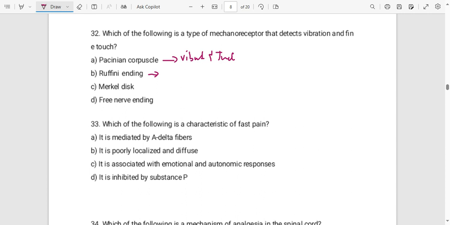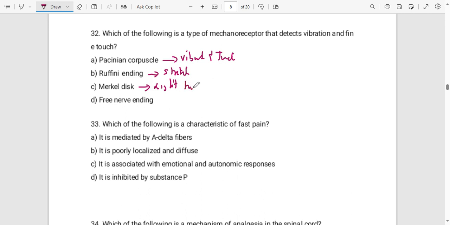Light touch. Which one else? Okay, the Ruffini is more for stretching of the skin, more for the stretches. And then the Meissner, that's where you're going to find the light touch, because Meissner corpuscles are found very, very near to the skin.